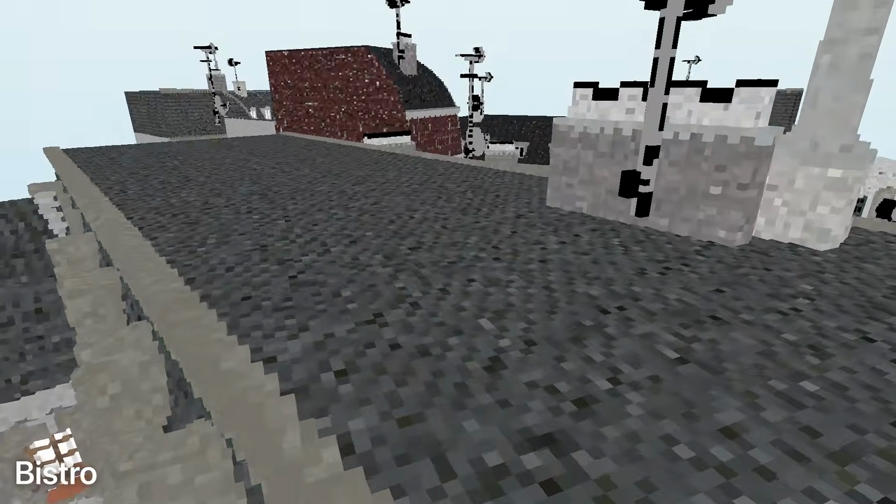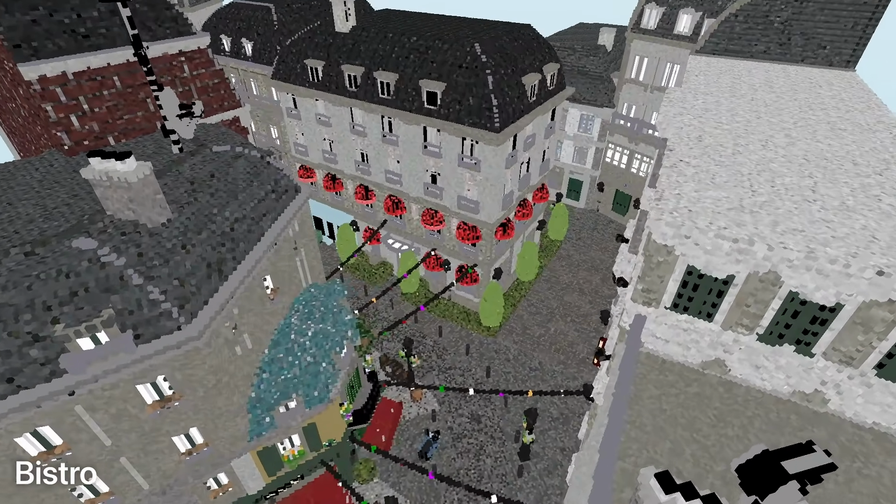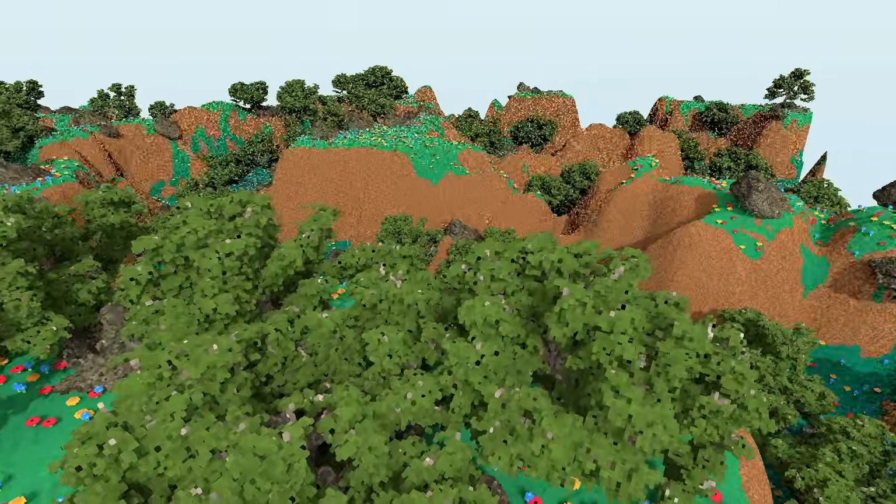Then, after stealing some assets from online and tweaking the terrain generation parameters, our scene is looking much nicer.